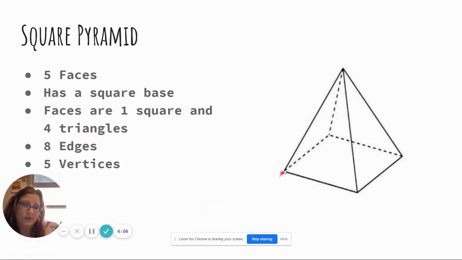It has 8 edges, 1, and then down this one, 2, and then down this one, 3, 4, and then the edges of your square at the bottom, 5, 6, 7, and 8. And then it has 5 vertices. We have 1, 2, 3, 4, 5. So remember, those are corners.